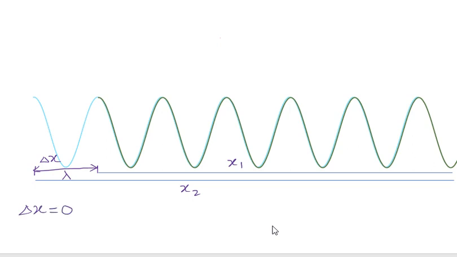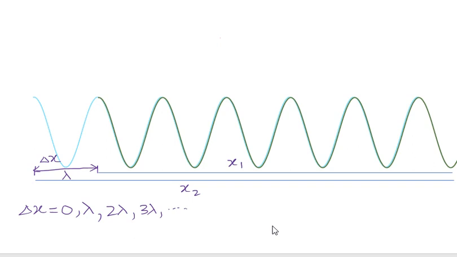When delta x is 0, I will have constructive interference. When it is equal to lambda, constructive interference. When it is 2 lambda, constructive interference. When it is 3 lambda, and so on.